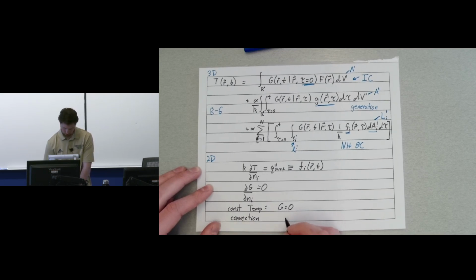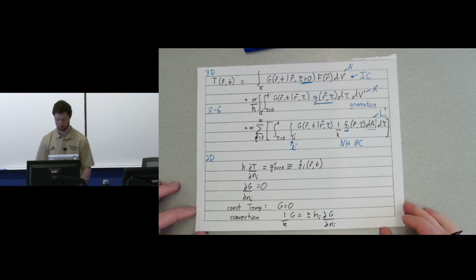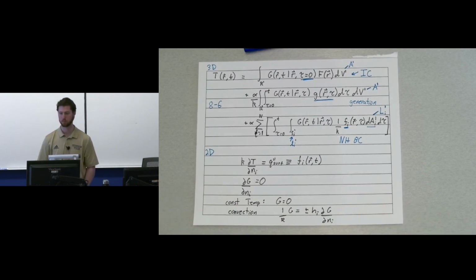We're going to say 1 over K of G is equal to plus or minus H on that surface times our differential with respect to the norm. It'll be plus or minus based on what you've probably seen in the most recent homework, depending on if we're going in or out with our convection, or how we're defining our coordinate system. Okay?